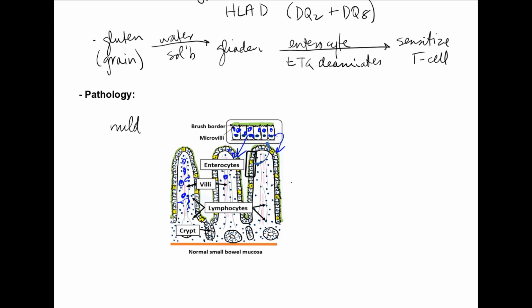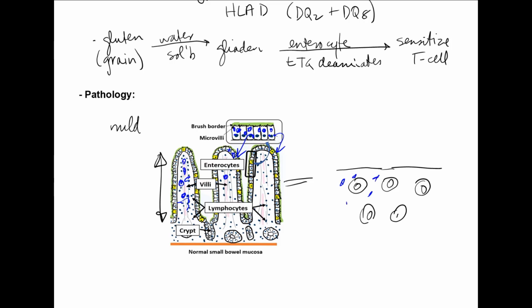But with ongoing late disease, the bowel loses its villus architecture and ends up looking like this, with numerous cytotoxic lymphocytes infiltrating all through the mucosa itself. This is a loss of villus architecture, and that's seen in severe disease.